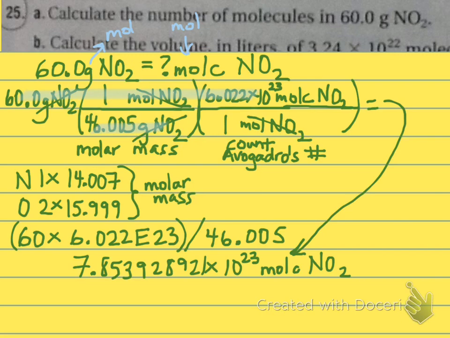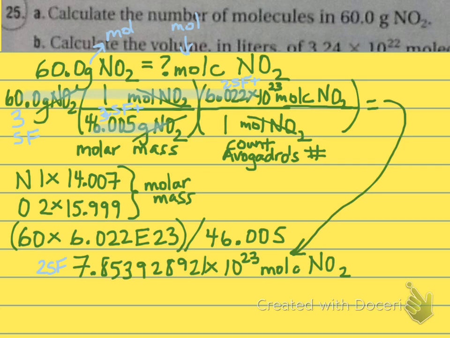Now I need to look at significant figures, right? I have 2 sig figs. I need to make sure I have at least 2 sig figs here. Really, I have 2 sig figs plus. So my answer can have 2 significant figures. Or sorry, I said 2, but it's 3. 60.0 has 3 because all of them are significant.